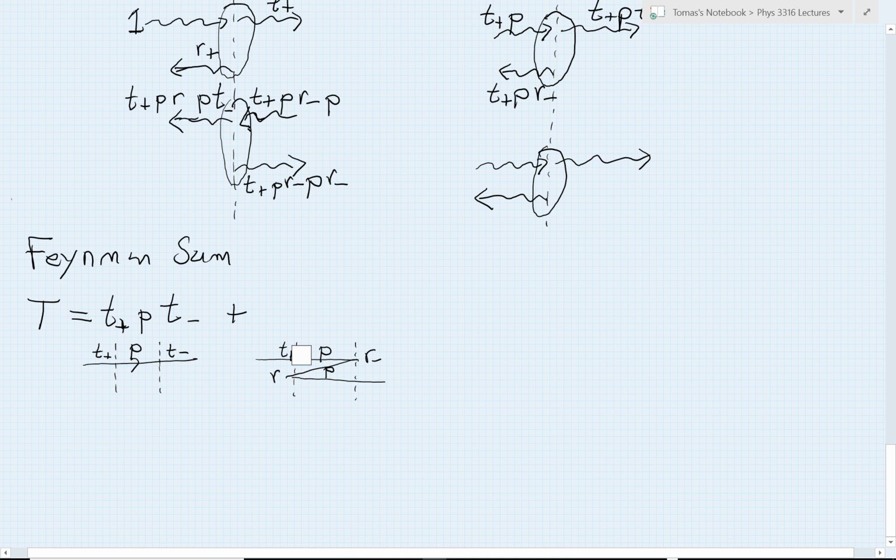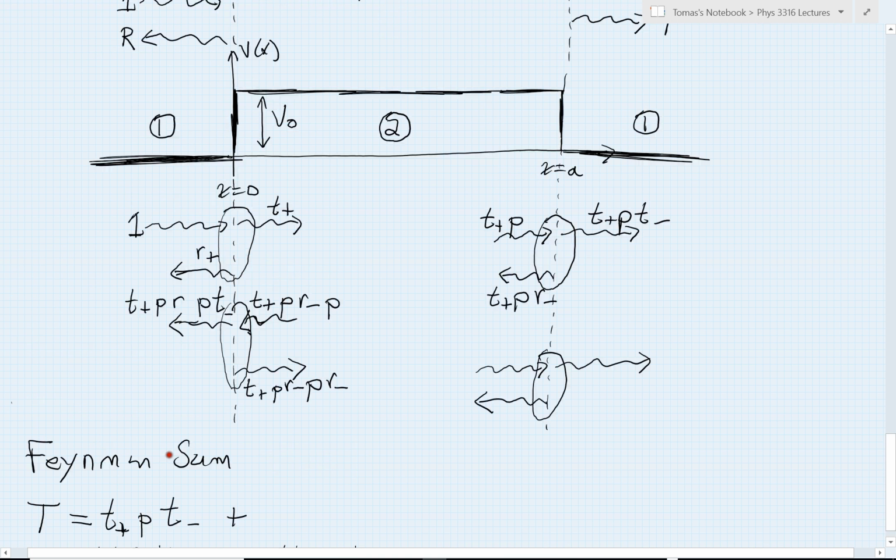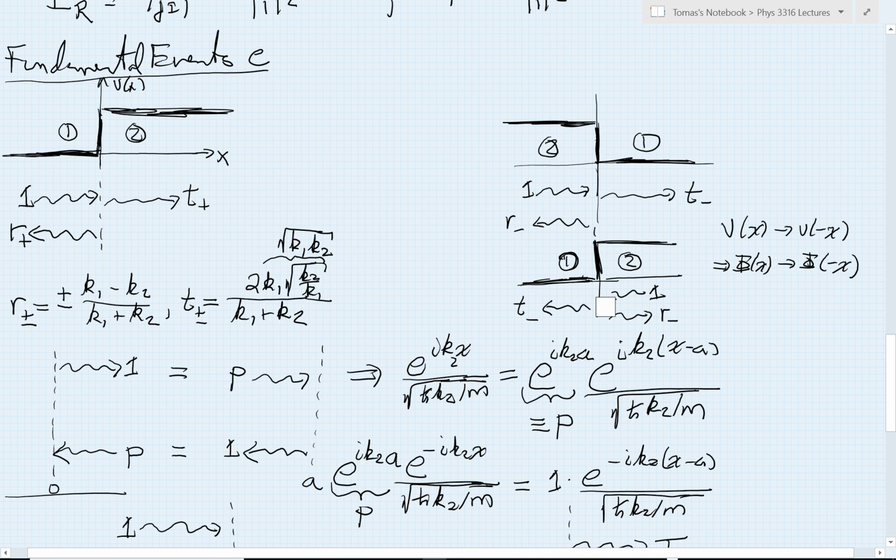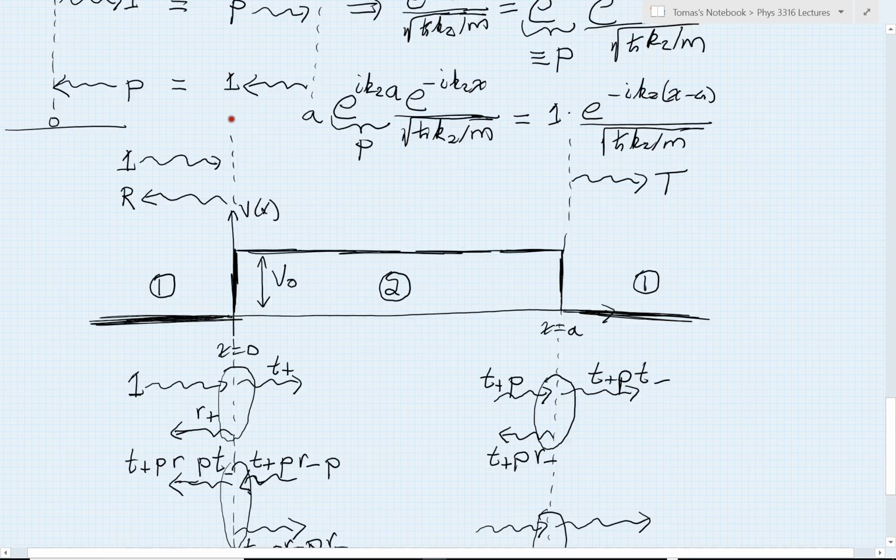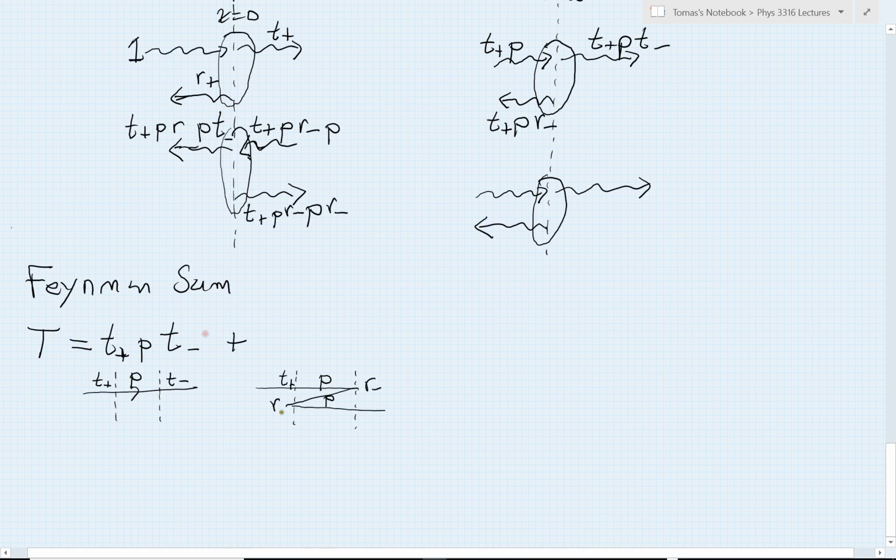Now this is what we had called the plus step, the upward step. But remember, when I'm traveling in the backward direction and hit it, to me, because I'm traveling backwards now, it looks like this downward step, so I actually use the minus coefficients. So that then is an R minus. There was the second propagation across, and then finally I transmitted T minus.